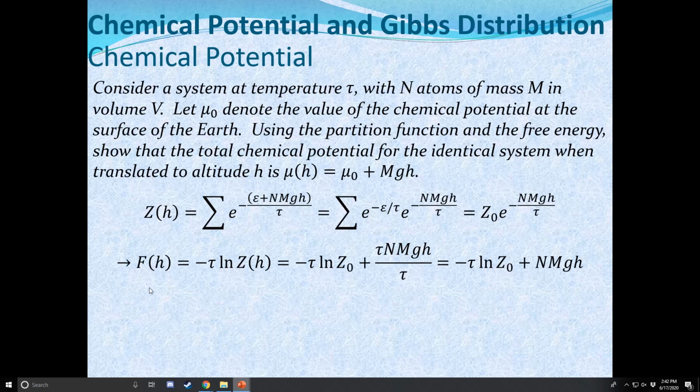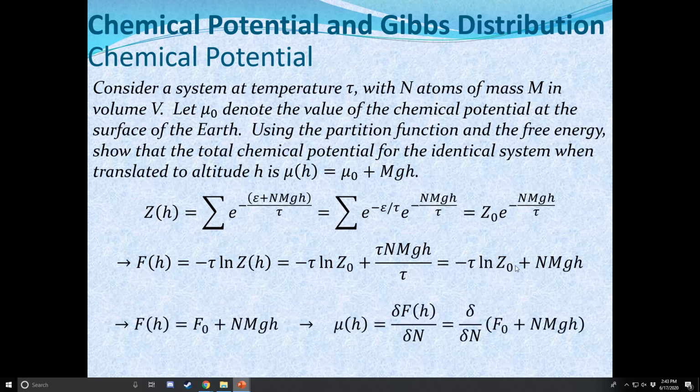Going back and using the equation relating this to the free energy, all we have to do is take this equation and take the ln of it. So we have the ln of the base partition function plus this part, so just getting rid of the e. And it ends up simplifying to look something like this.